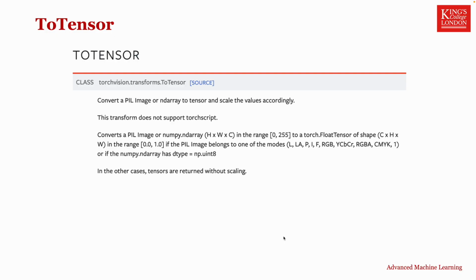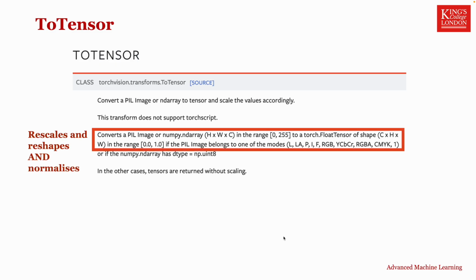And finally, just looking quickly at the documentation for ToTensor, this converts a PIL image or a NumPy array of shape h by w by c with values ranging from 0 to 255 to a torch float tensor of shape c by h by w with normalized values in the range 0 to 1. As we will show in the notebook, the reordering of dimensions is necessary in order to present the PyTorch networks with tensors in the right format, and we will try this out in the tutorial.